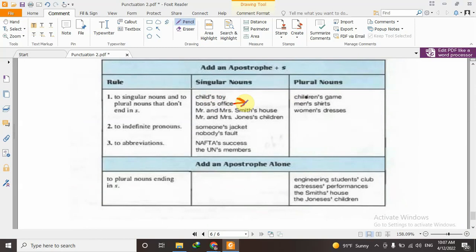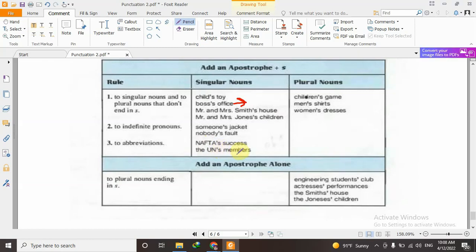شوفوا هذه indefinite pronoun. abbreviations اذا عندنا abbreviations اللي هن اختصارات للكلمه شو نسوي؟ شوفوا عندنا UN'S members. اوكي.